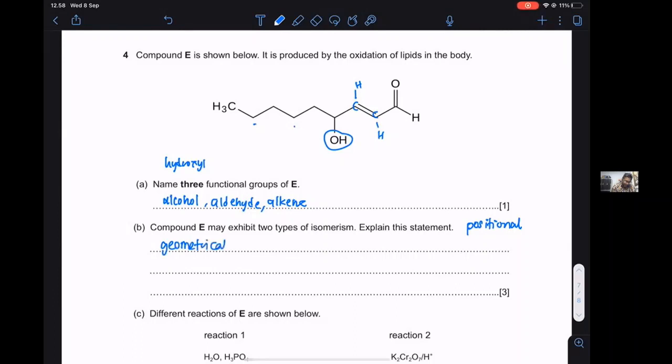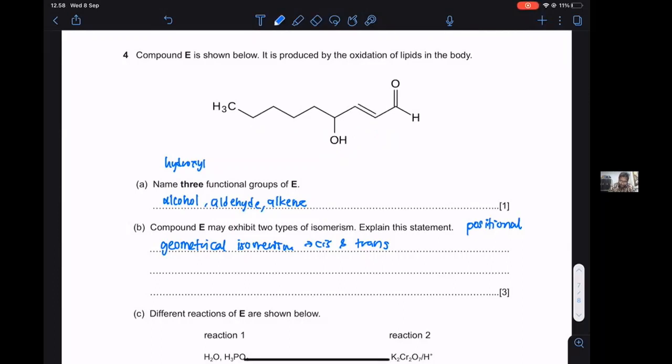You explain why geometrical isomerism: it's going to be cis and trans. Why? Because each carbon of the carbon double bond is bonded to 2 different groups, so they can exhibit cis and trans isomerism. And one more, you just check whether there is going to be any optical isomerism.